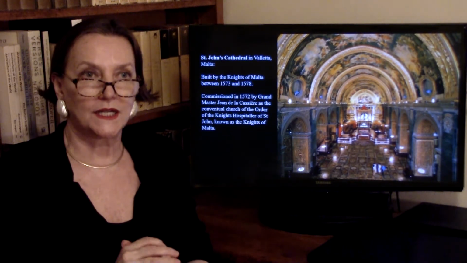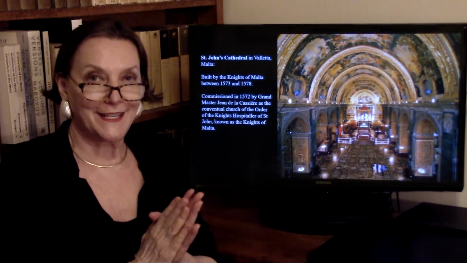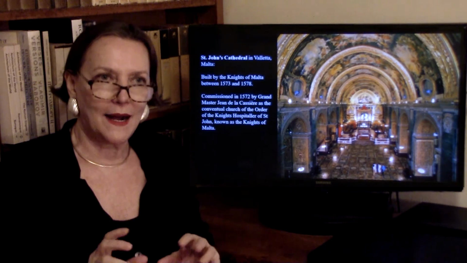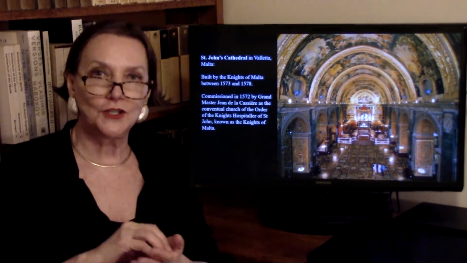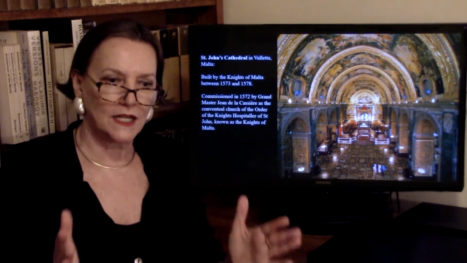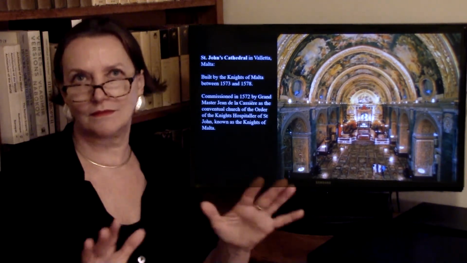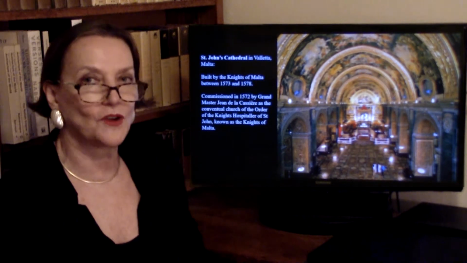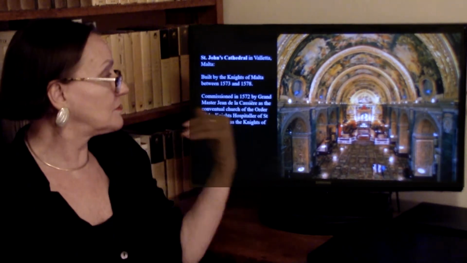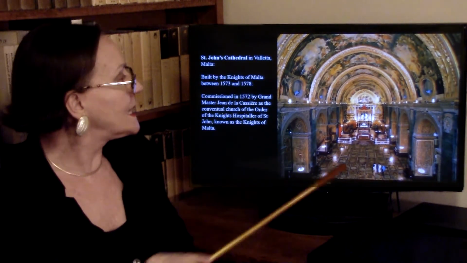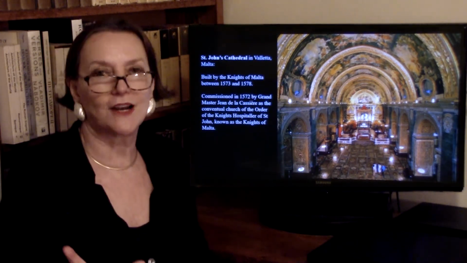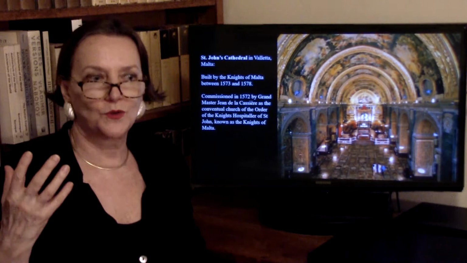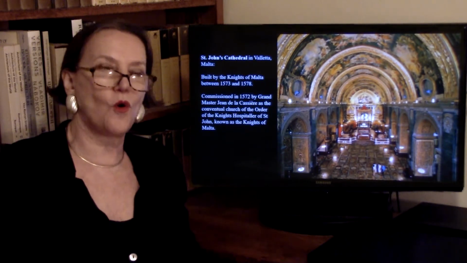In other words, it's like tile, but the images are made by inserting pieces of marble in to make an impression of a picture, which is just phenomenal. And then every inch of the walls is decorated with one method of decoration or another.